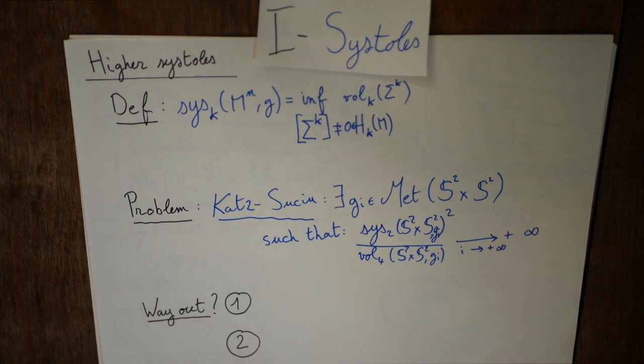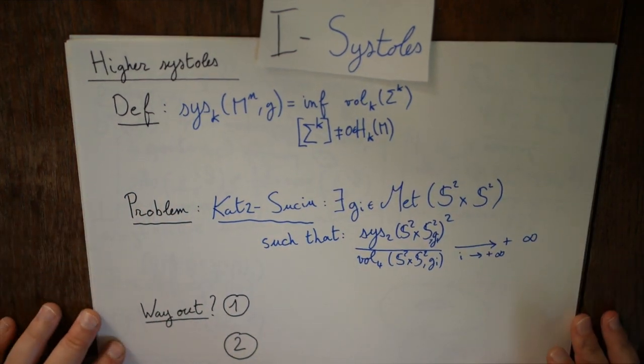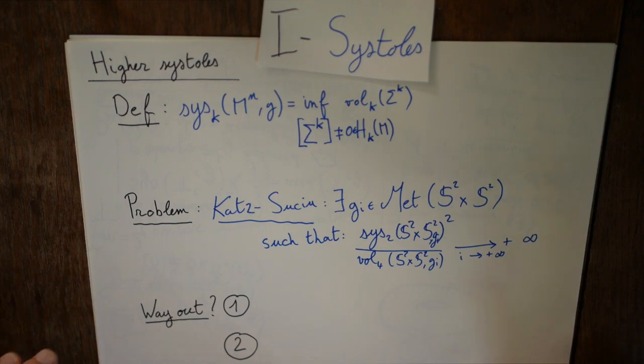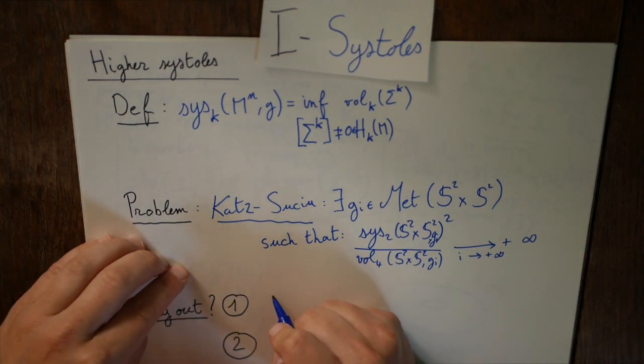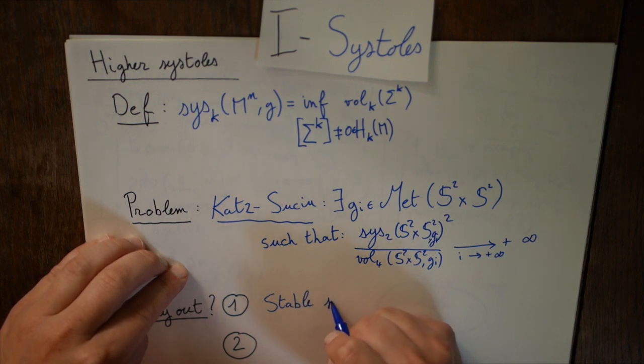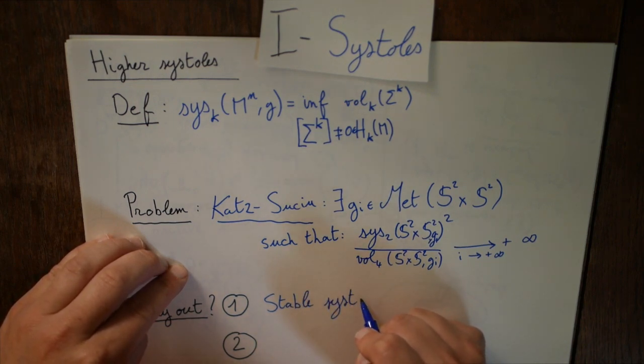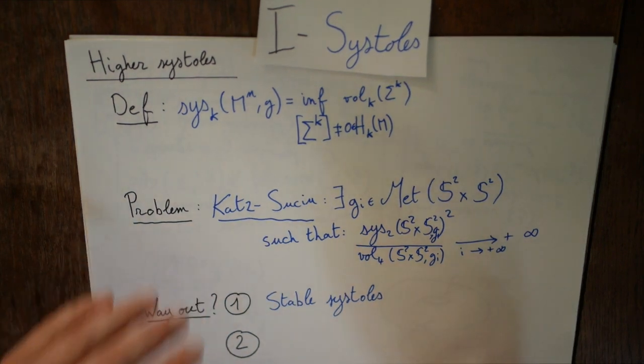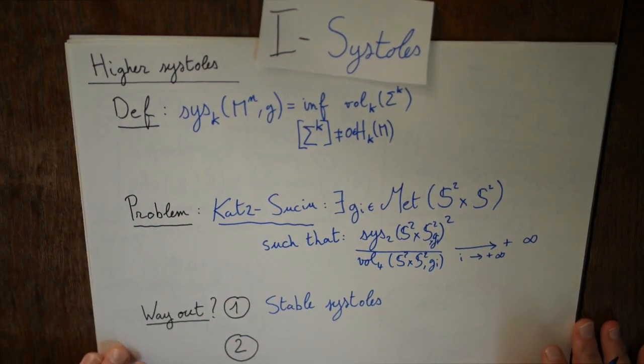So what would be a way out of this problem? There is one way which we won't explore here, but which I mention because it's of interest. This is the study of the so-called stable systole, which is a more refined invariant, which actually handles multiplicity better.